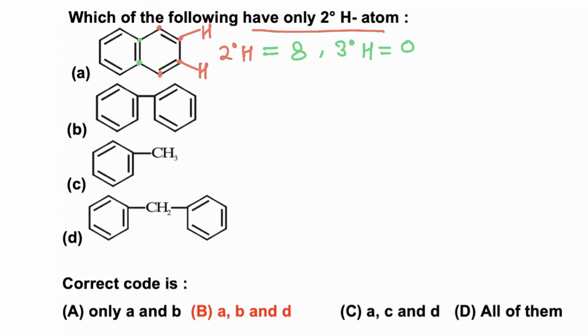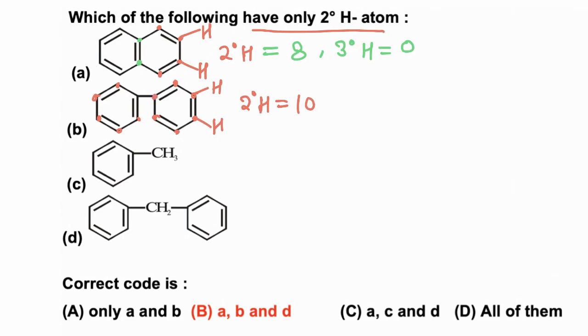If we take the next molecule, in this molecule these 5 carbons in each ring are 2 degree carbon. Now the hydrogen attached to these carbon atoms is 2 degree, so 2 degree hydrogen is equal to 10.